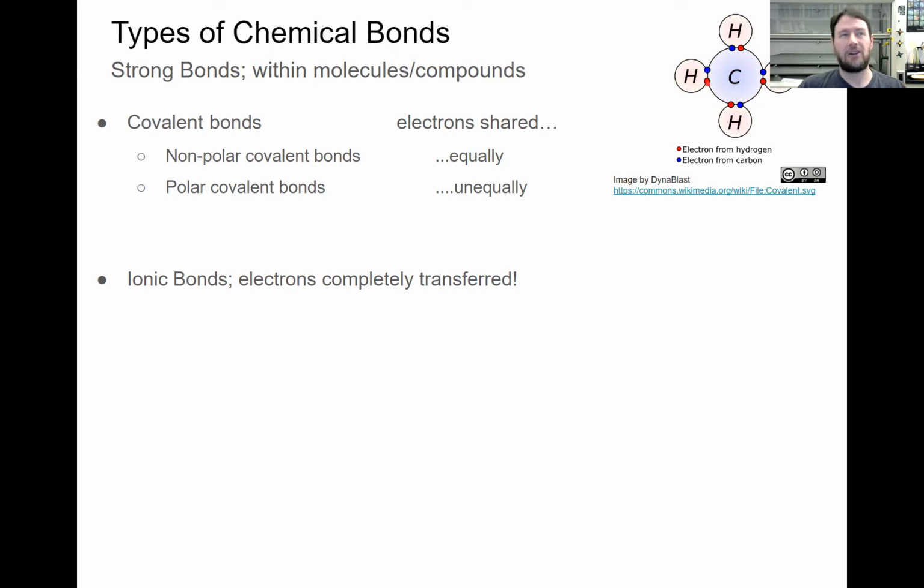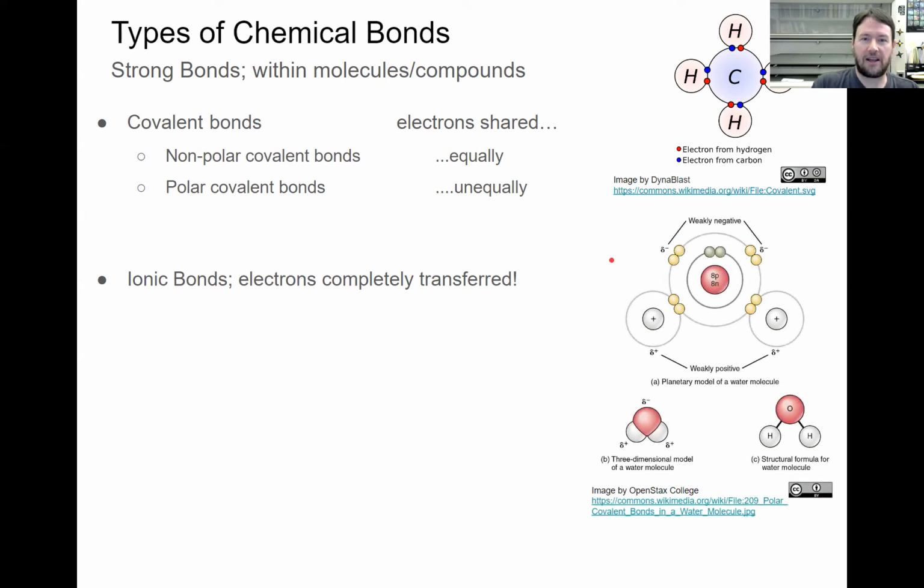So it can share electrons and form a very simple molecule like this methane molecule we see. And the carbon and hydrogen, those electrons are shared equally between those atoms. So that forms a nonpolar covalent bond.